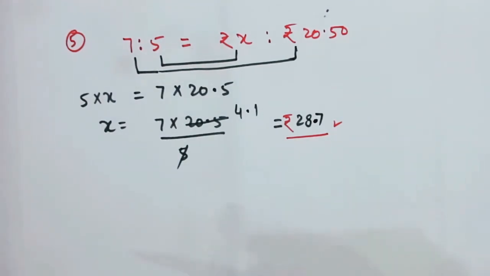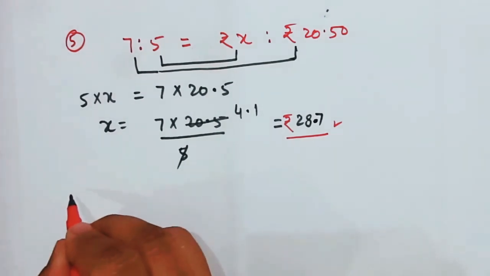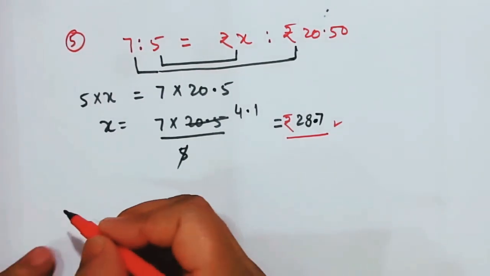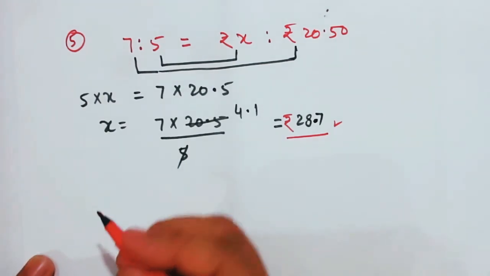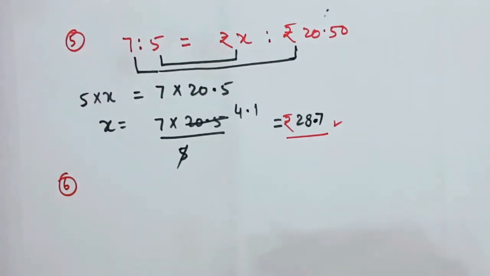Now, let us concentrate on these two sums, 6 and 7, which are quite important. Moving on to number 6, what do we have? Do we have something special? Yes.